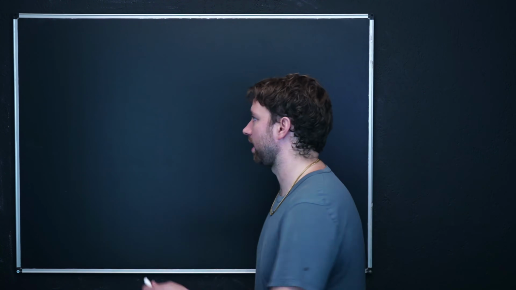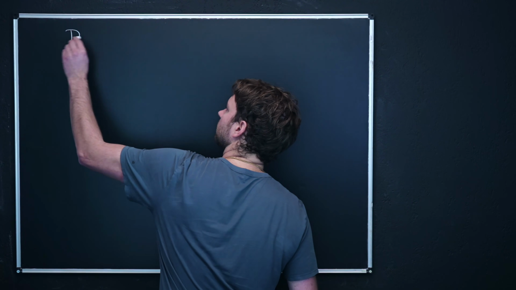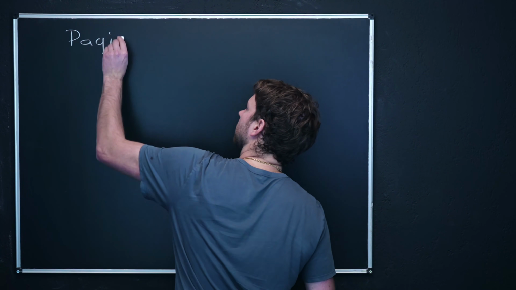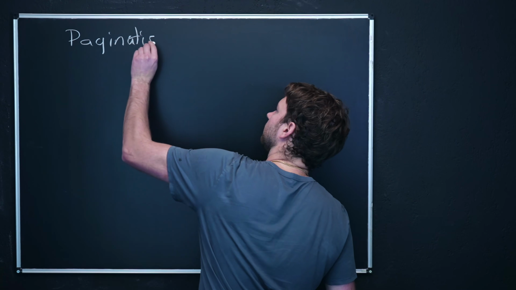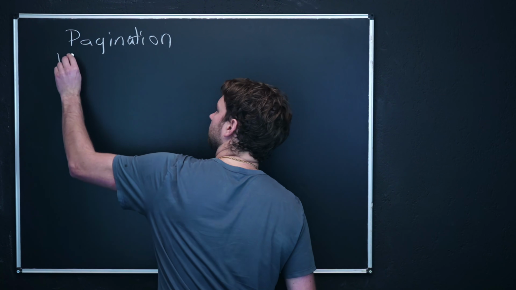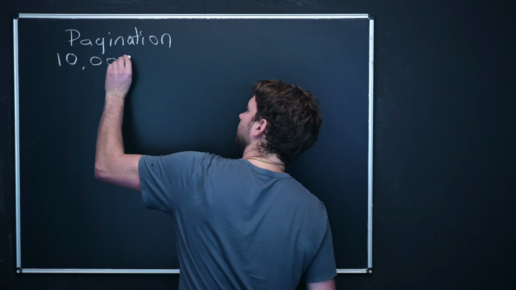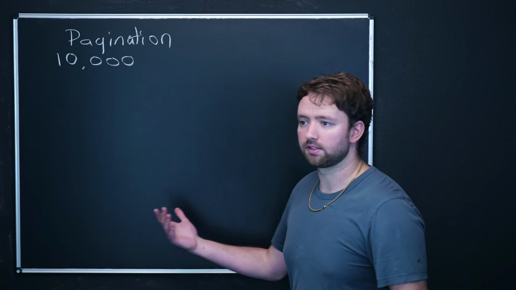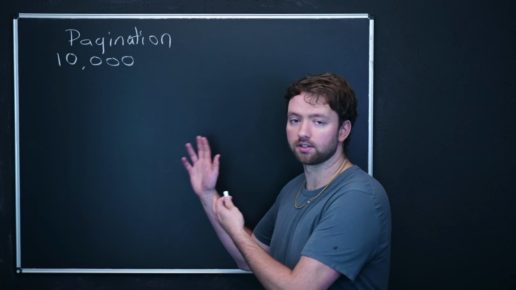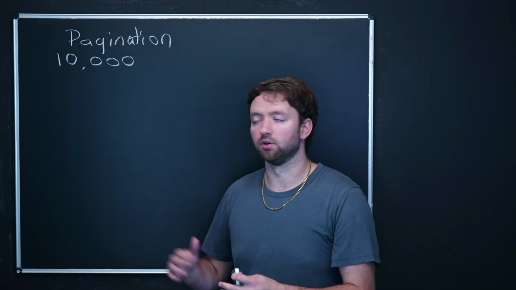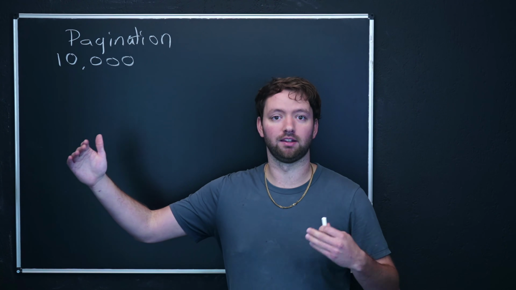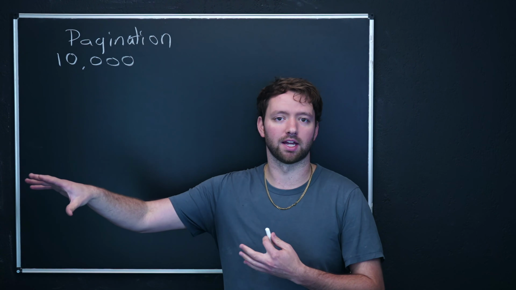So first off, what is pagination? And why would you want to do it? So let's say we have 10,000 elements. And let's say we want to retrieve this data from an API. The default behavior may be to select all 10,000 of those elements and send that to the user.